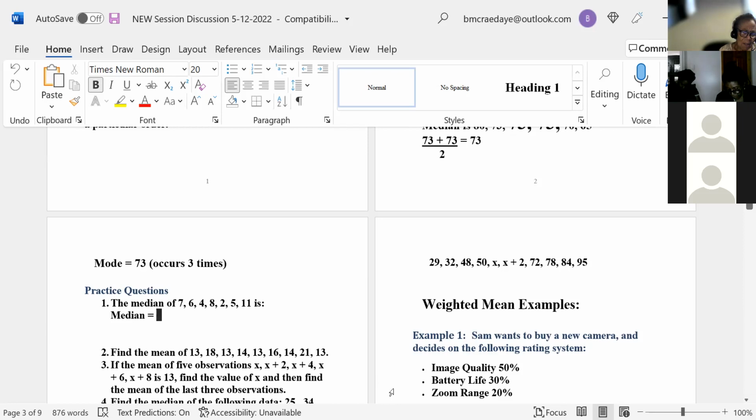No. Oh, you said the median, I did the mean. Sorry. Median, the median. No, the median. Median is 8. Actually, I got the mean. Alva, what's the median?